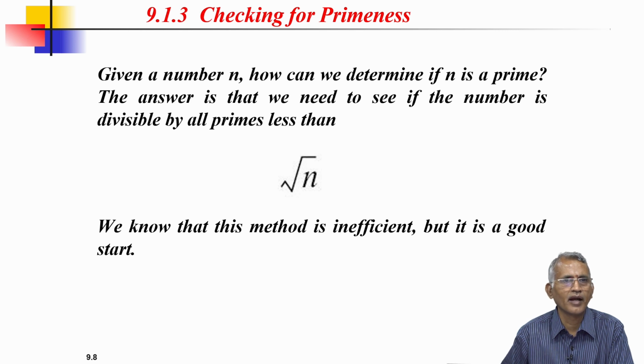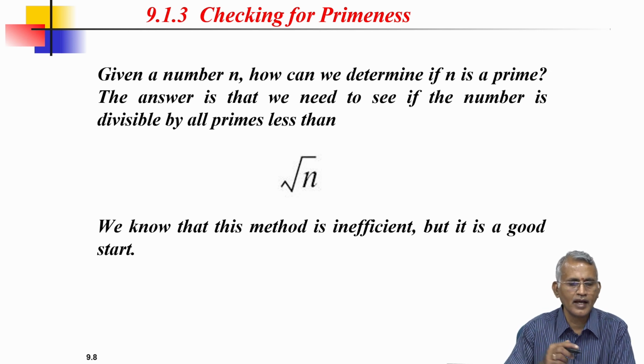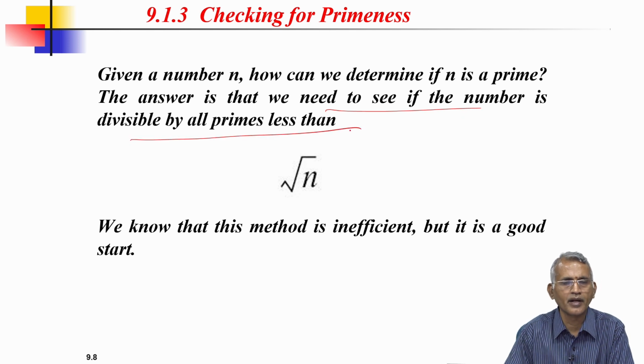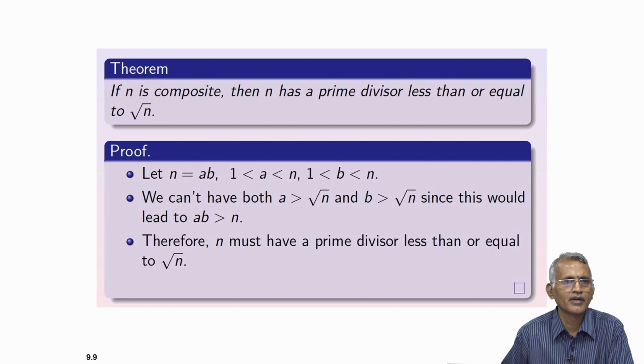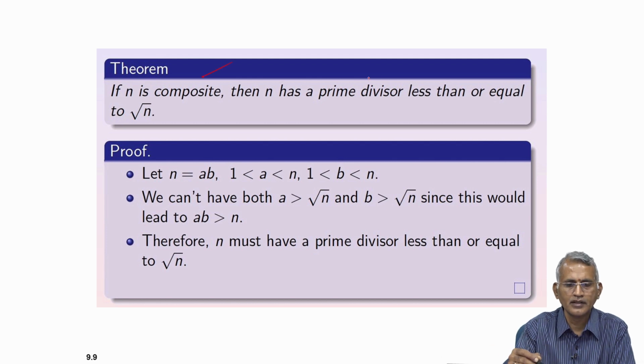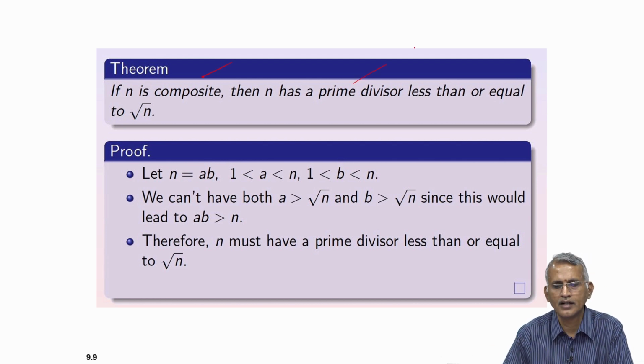So, checking for primeness: given a number n, how can we determine if n is a prime? The answer is that we need to see if the number is divisible by all primes less than root n. We know that this method is inefficient, but it is a good start. We have a theorem: if n is composite, then n has a prime divisor less than or equal to root n.